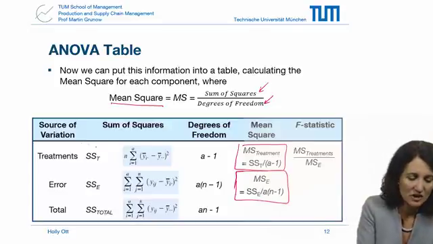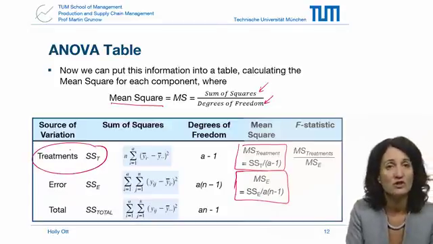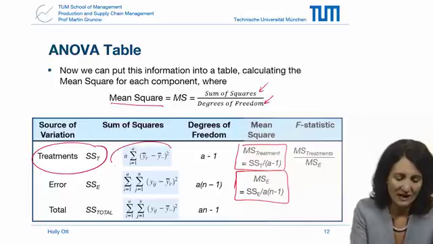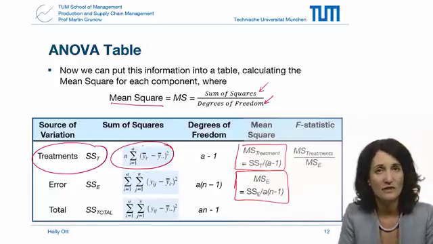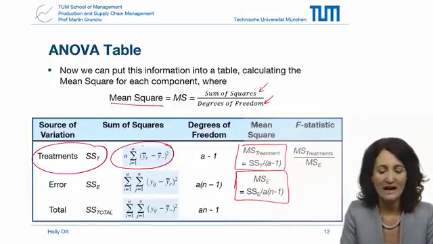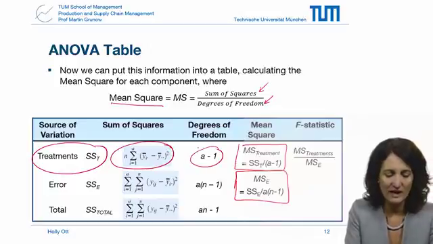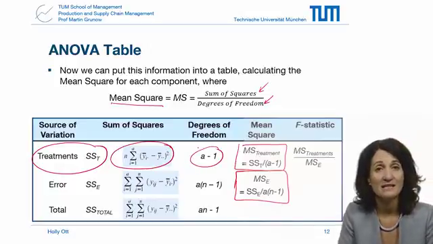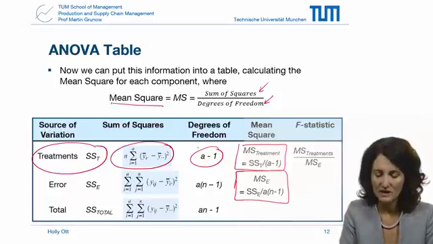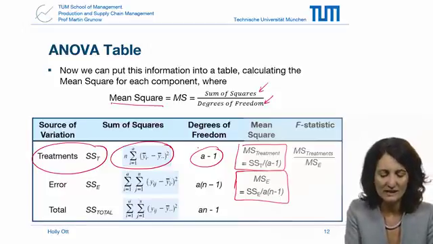So we've got the source of variation due to the treatments. We have the algebraic value of that, and we have the degrees of freedom for that, which, since we have A different treatment types, is A minus 1. So the mean square is going to be this SST divided by A minus 1.